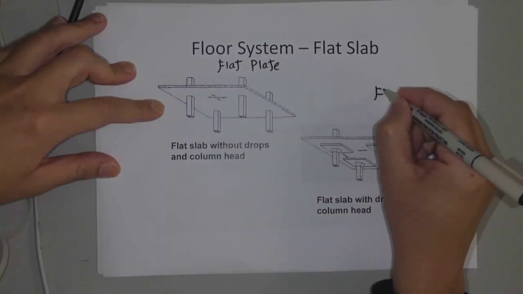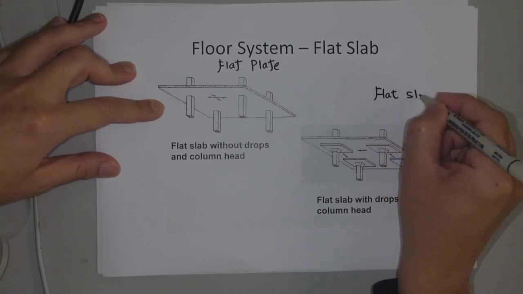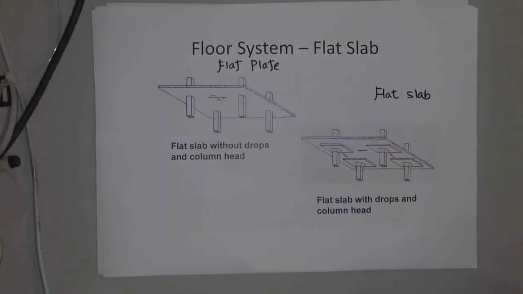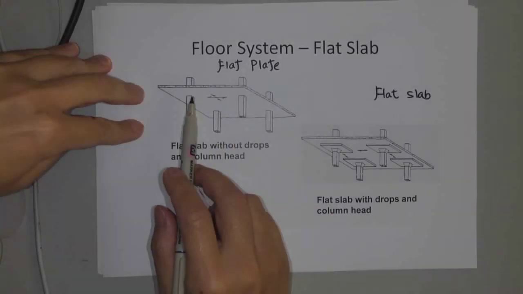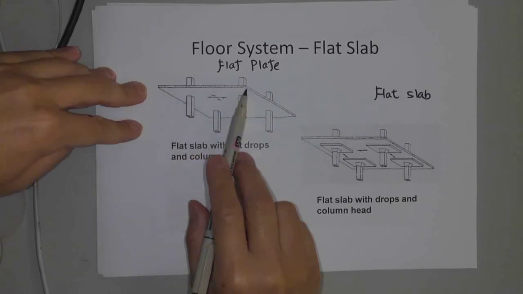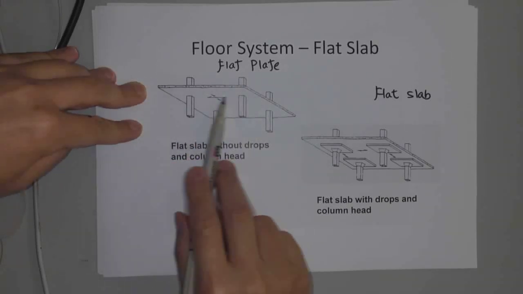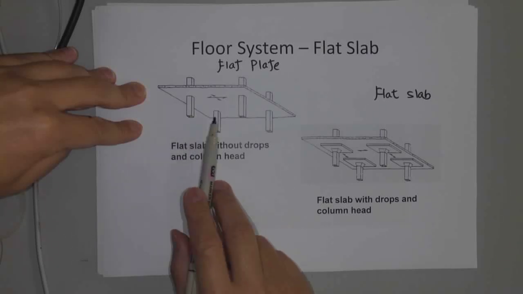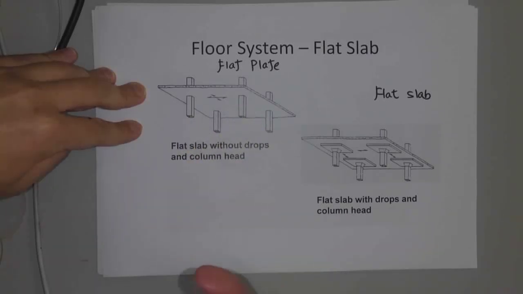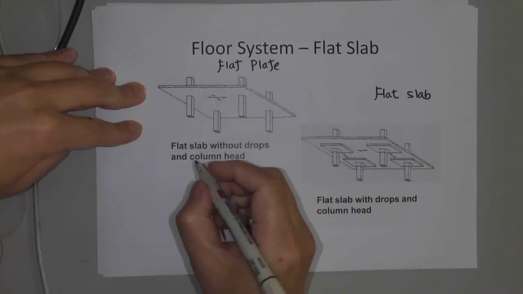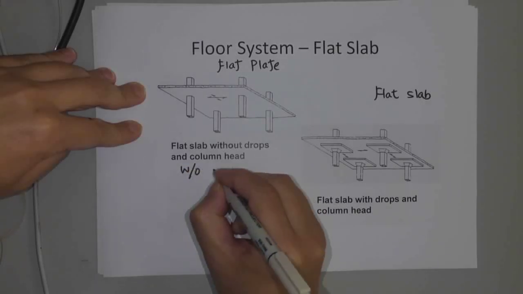This one is a flat slab. Right, so on the left you can see this is just a typical reinforced concrete slab supported directly on columns without beams. So there are no beams.